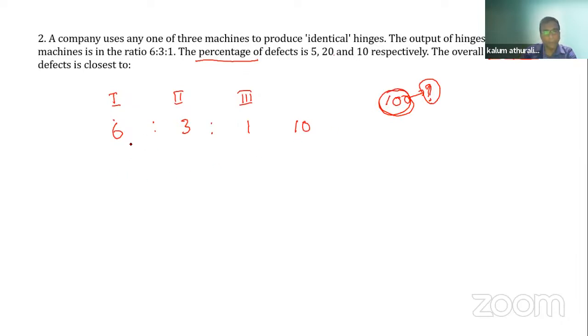Right. Now, if we produce 100 products, the ratio is 6:3:1. That means the first machine produces 60, the second 30, the last 10. Then total production is 100.